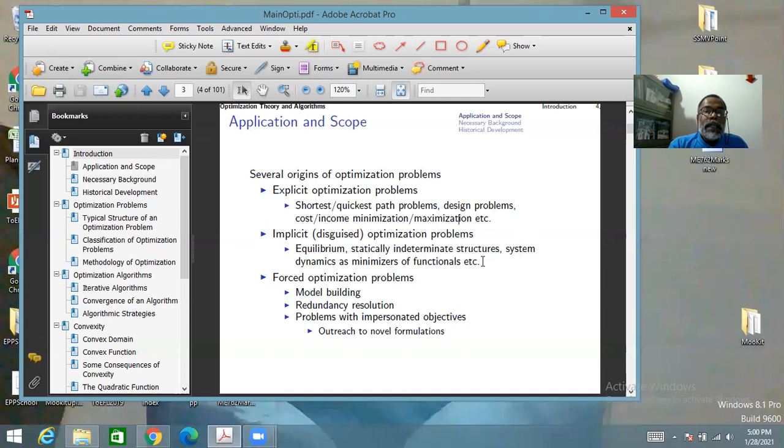Okay. Then there are problems which are optimization problems in a forced manner. That is, nothing so natural is there to put it as an optimization problem, but there are issues with the problem itself. Say you want to build the model of a phenomenon. Okay.